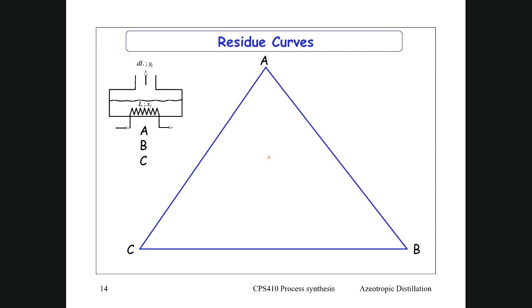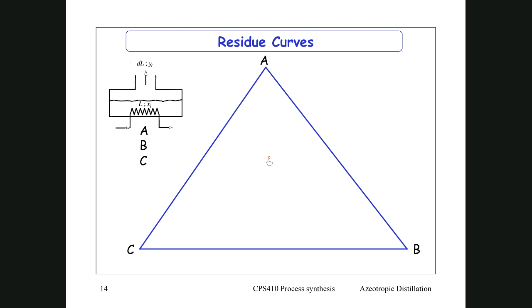Let's say we've got A, B, C, where A is the most volatile, C is the least volatile, and we can plot the composition of that liquid on a ternary plot, where X marks the spot.